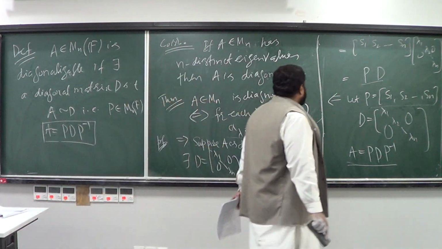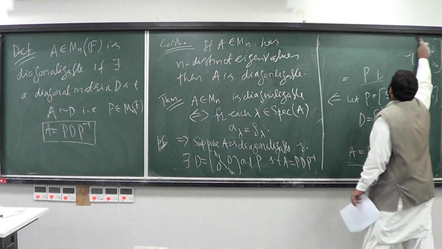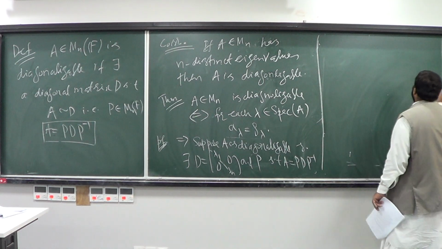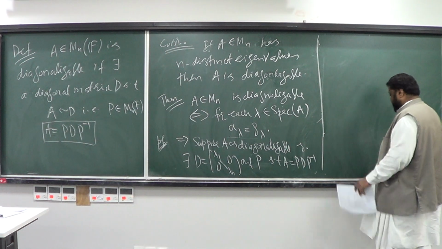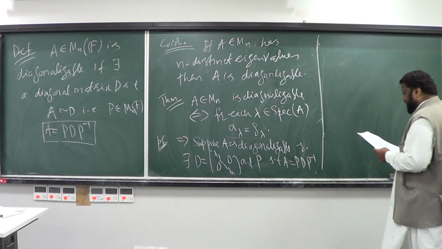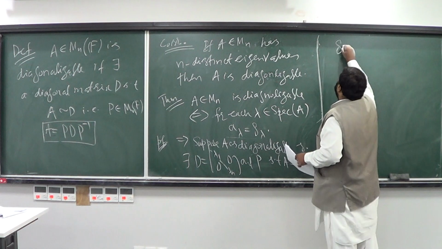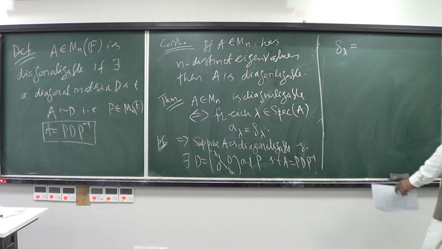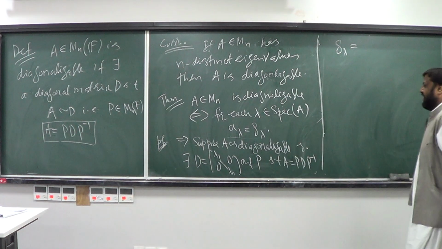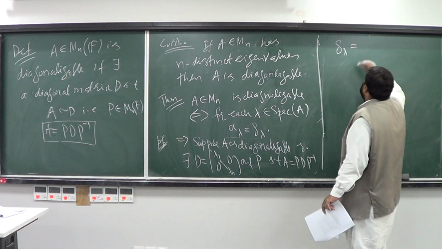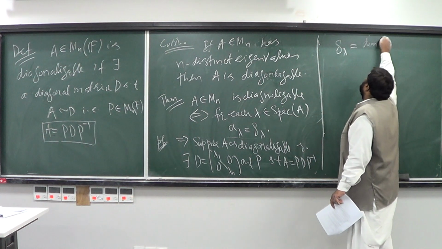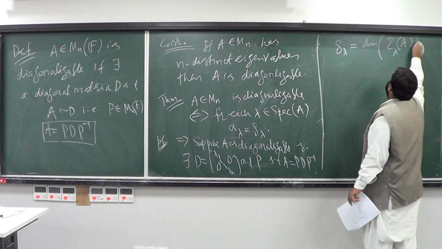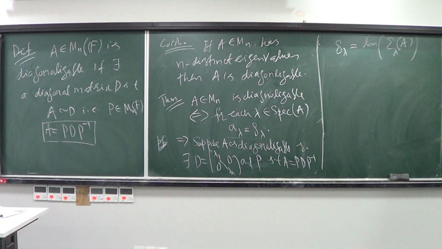So now I would like to talk about why the geometric multiplicity is equal to the algebraic multiplicity. What is the geometric multiplicity? Say for one particular lambda, where this lambda could be lambda 1, lambda 2, lambda n, anything, it is equal to the dimension of the eigenspace of the matrix A corresponding to the eigenvalue lambda.